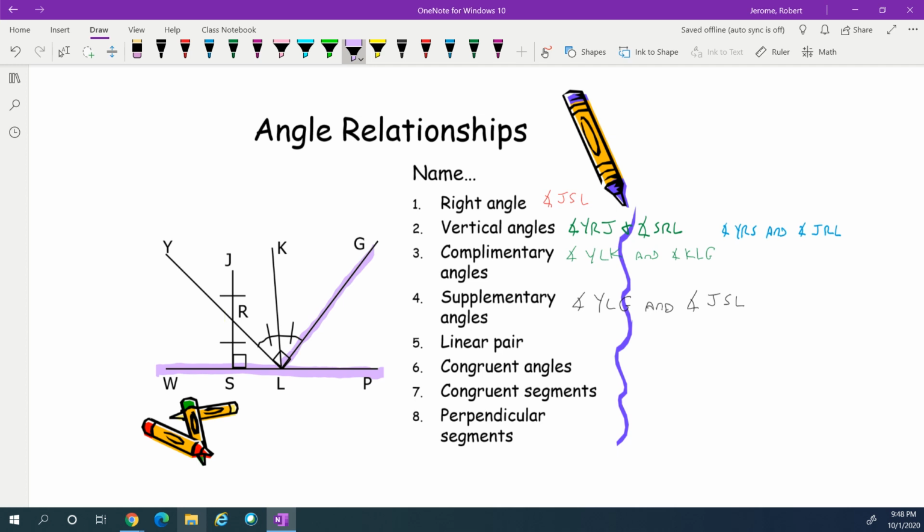A big letter Y. So I'm going to use this angle and that angle. So a linear pair. The first one, angle PLG, and its partner, angle GLW.